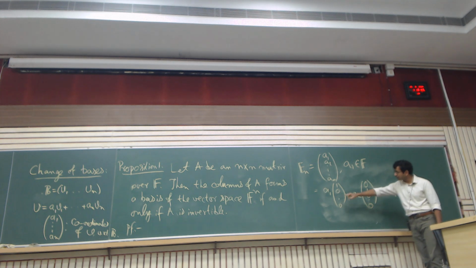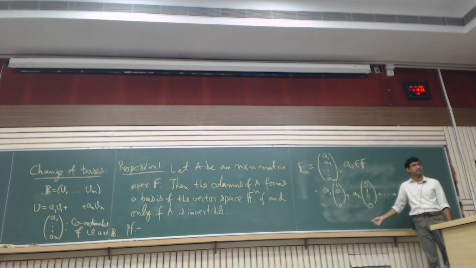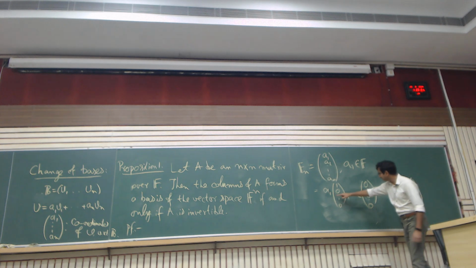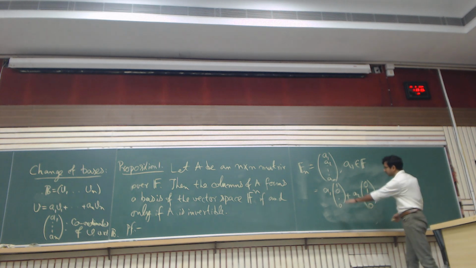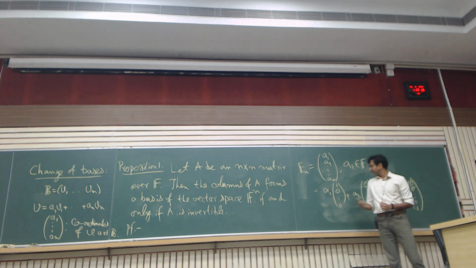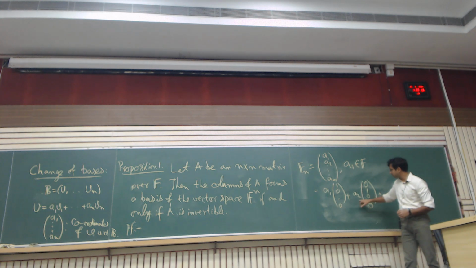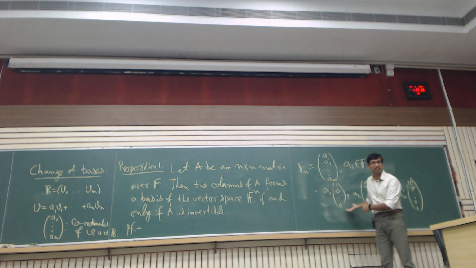Okay. And suppose now there exists a linear combination. So what do you have to do now to show that this is a basis? Show that they are linearly independent. So assume there exists a linear combination A1 times this, A2 times this, An times this equal to 0. Then what can you tell about the coefficients A1, A2, and so on? All have to be 0. It's clear from the definition, right?